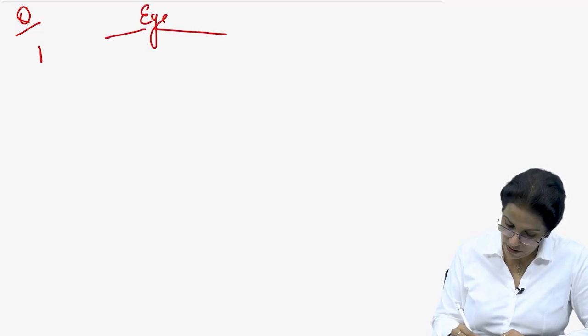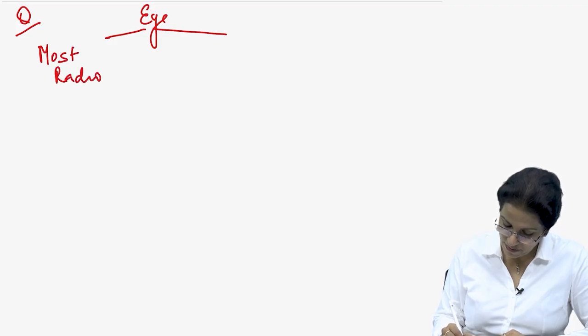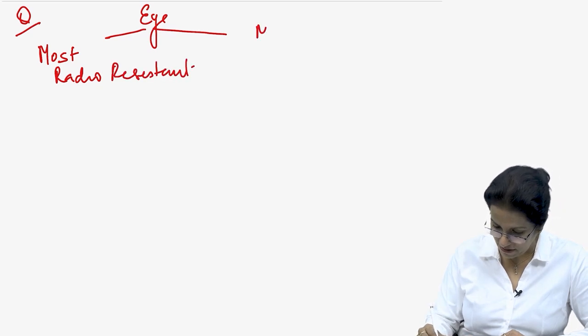Okay, once we are talking about radiational cataract, another thing they can ask you is about the radio-resistant and radio-sensitive structures. So if I talk about the whole eye, this is an important question, then the most radio-resistant structure, what is that? This is an exam question. And most radio-sensitive is what?